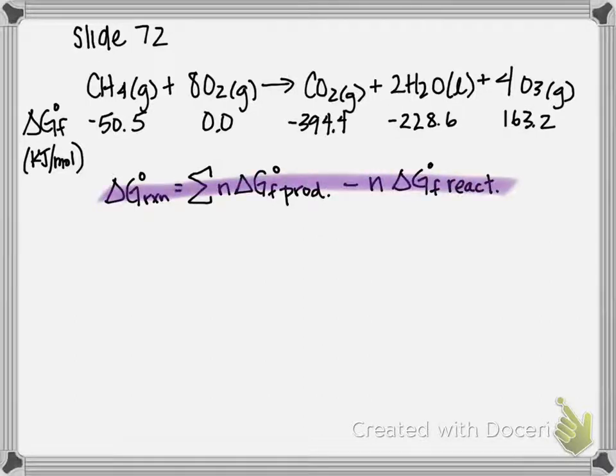So very similar setup to solving for a change in enthalpy or a change in entropy. Our standard Gibbs free energy change of our reaction is equal to the sum of the free energies of formation of our products minus the sum, and I forgot to have the little sum symbol, but it's in there.